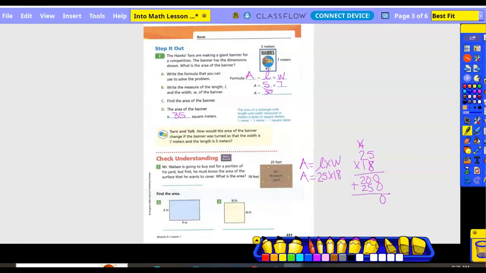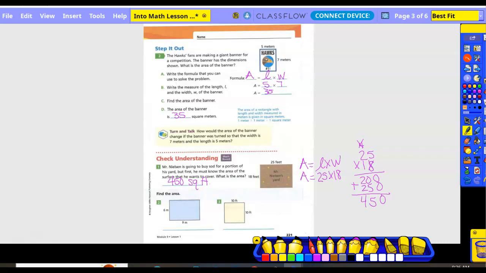So 0, 5, 4. So 450, what's my label? Square feet. And like I told you, you can write it like that, or you can write feet with a little 2 because that means feet squared.